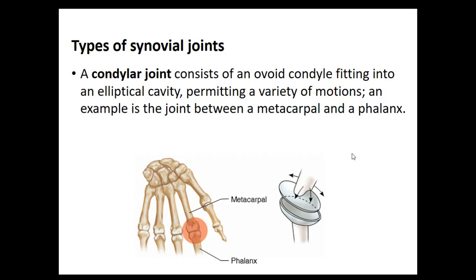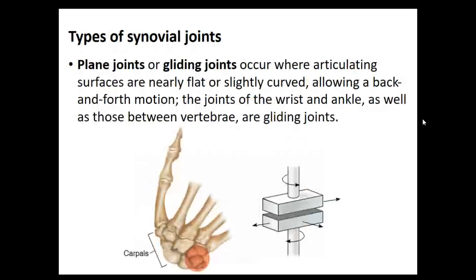Your fingers can go this way, they can go sideways, but they can't twist very well because this is not perfectly round. It's an oval shape. It's like an oval in an oval instead of a ball shape.